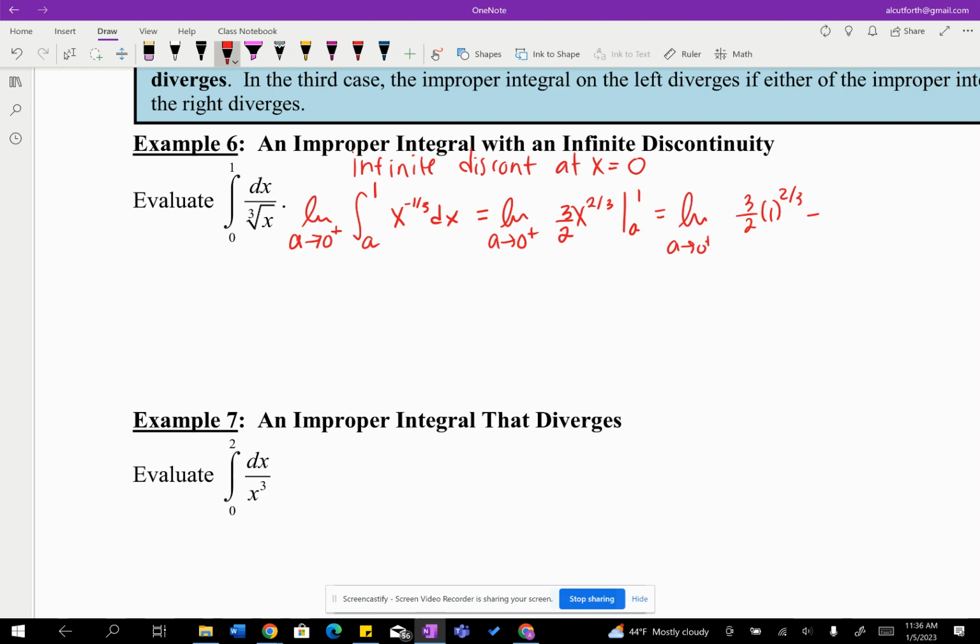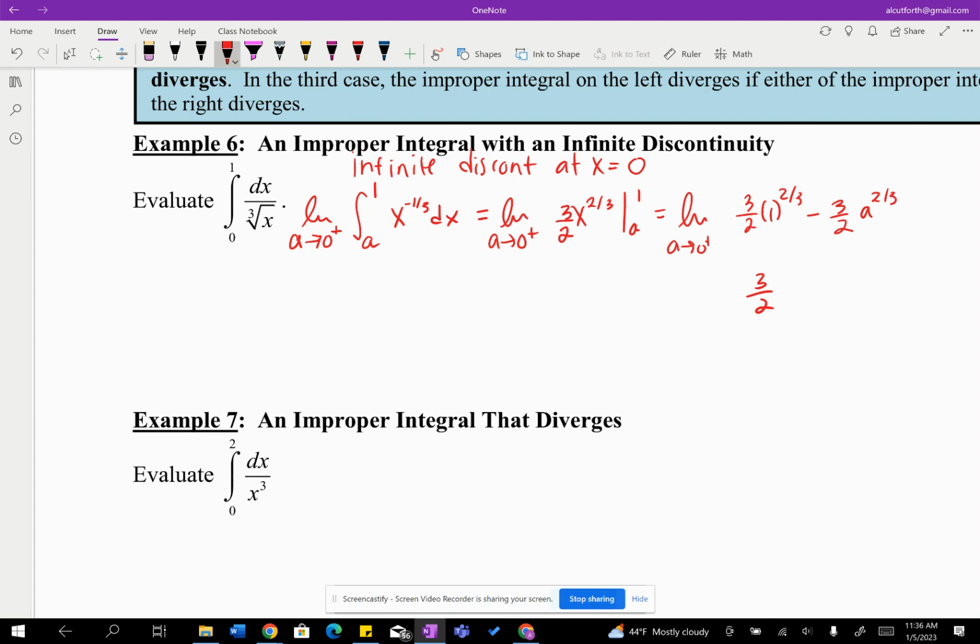Plug in A and subtract. Three halves times 1 to the 2/3 will just be 3/2. That's a constant. Limit of a constant is just a constant.